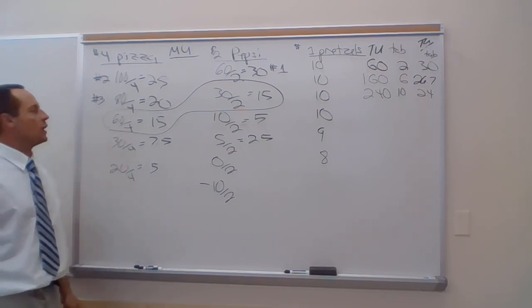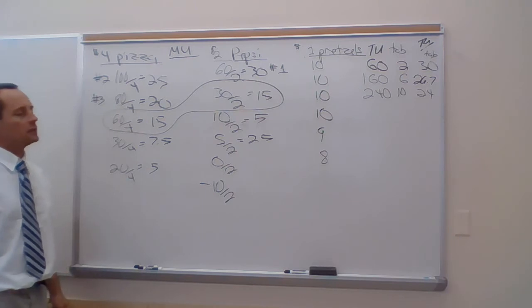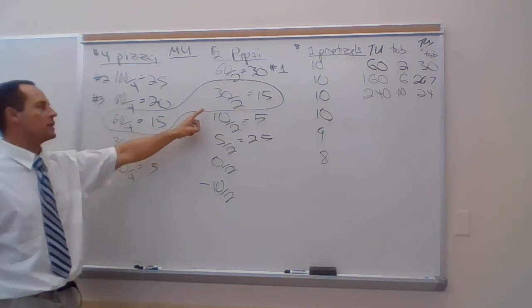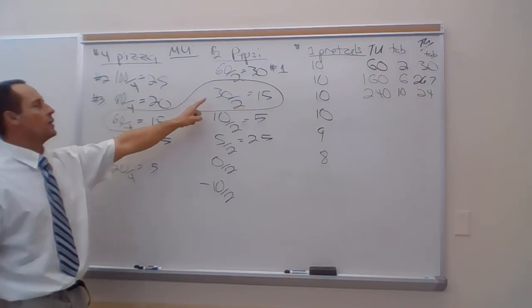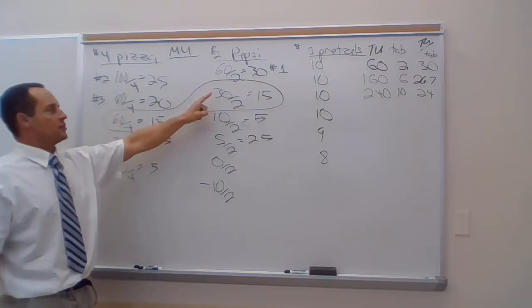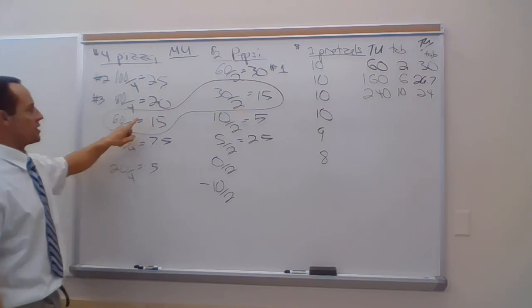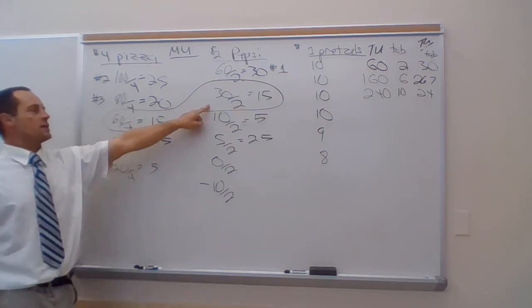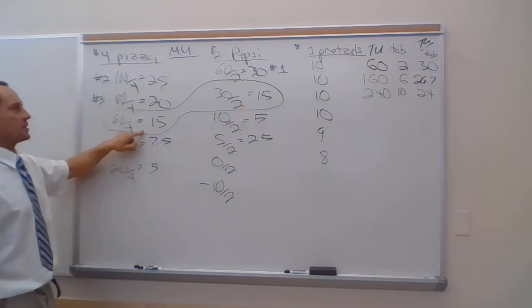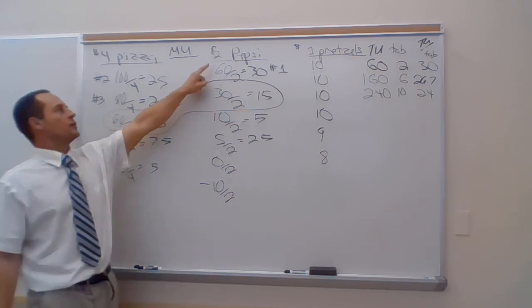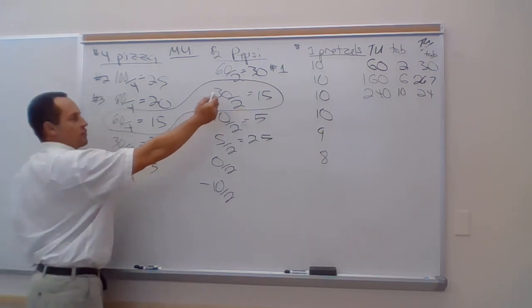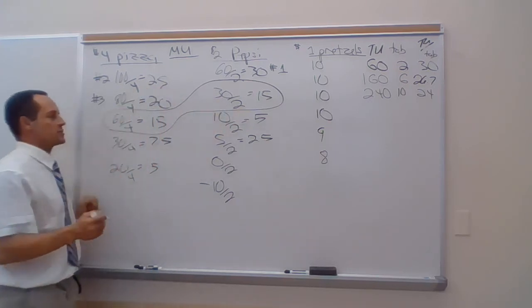If I were to go ahead and order a pizza, and then while the pizza is being warmed up, a friend offers me a can of Pepsi, I would say to him, no, it has to be 2 cans of Pepsi for a slice of pizza at this stage. I want 2 cans of Pepsi for my third slice of pizza, because why? $2 fits into $4 twice, or 30 fits into 60 twice.